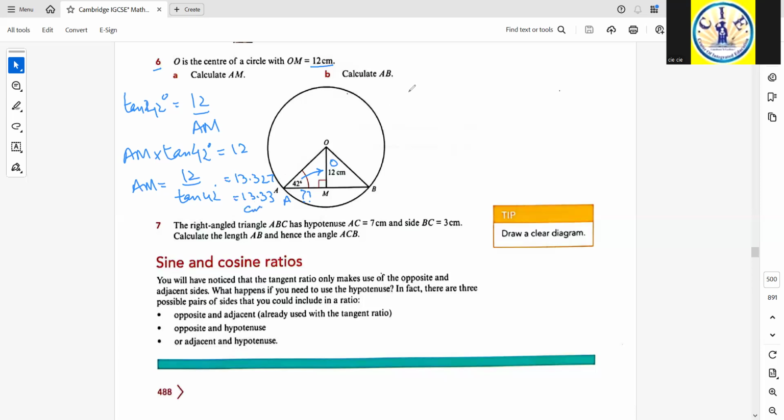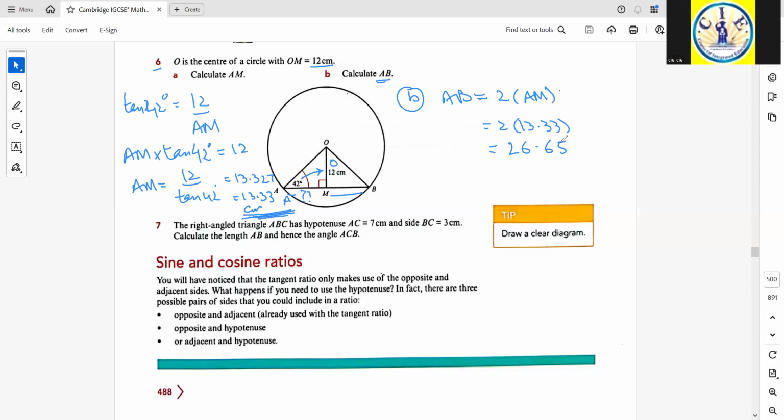Centimeters. Okay, now for part B, calculate AB, from A till B. So AB is obviously 2 times the side AM, that is 2 times 13.33, which gives us 26.65. I've just used the whole answer that I got in the previous part A and multiplied it by 2.